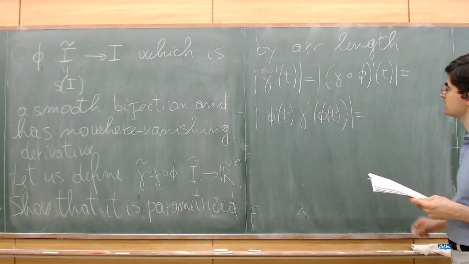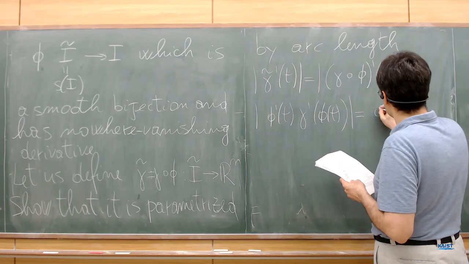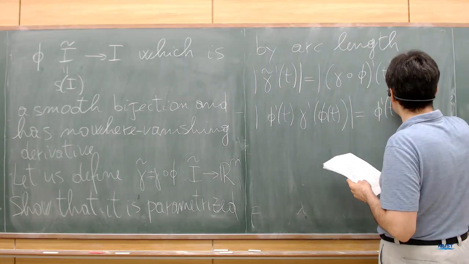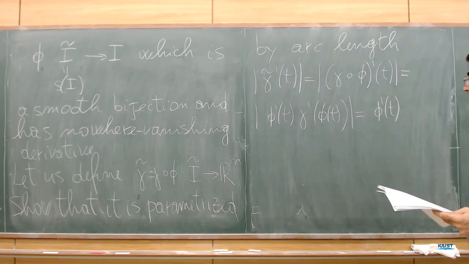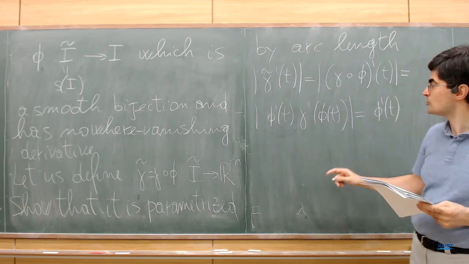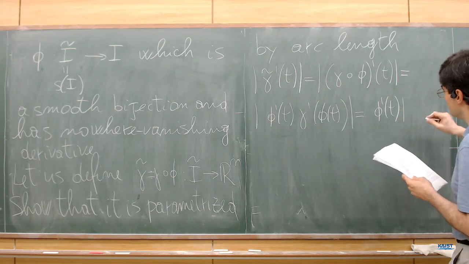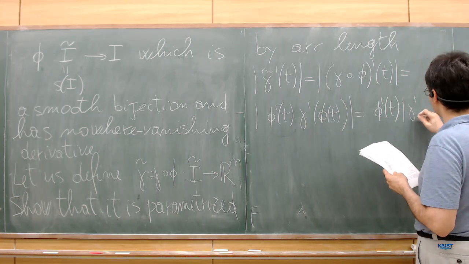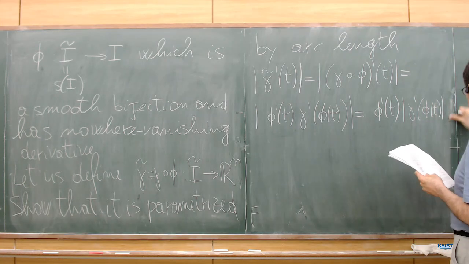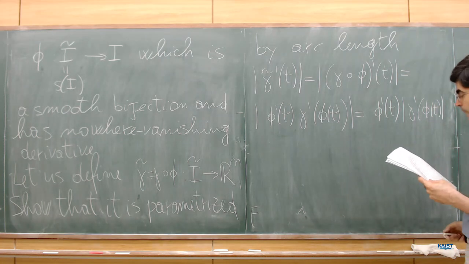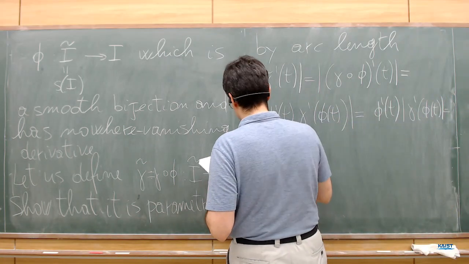And what is this? This is the product of phi prime of t, no need to use the absolute value because this is always positive, times the length of gamma prime of phi of t, and this is equal to what?